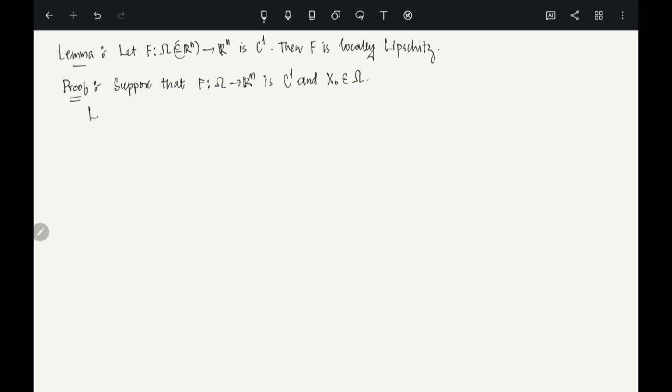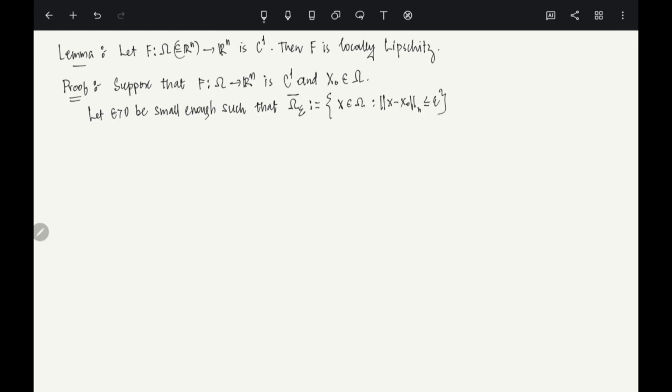So now let epsilon be positive and small enough such that omega epsilon bar, the closure of omega epsilon, which I am defining as the closed ball, is the set of all those x in omega such that the norm of x minus x naught in R^n is less than or equal to epsilon.